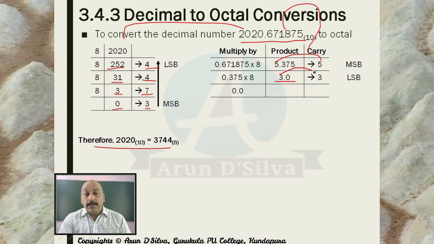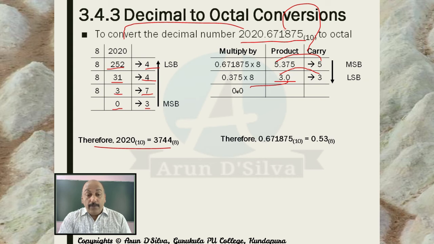So 3 becomes the carry and 0 goes here, no further multiplication. So I stop here. The first carry is the MSB and the second carry becomes the LSB. As we know, we have to read from up to downwards. Therefore 0.671875 in decimal has 0.53 as its octal equivalent. So this is the way.